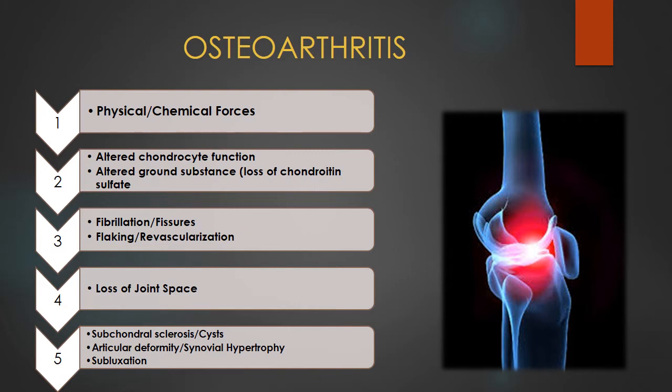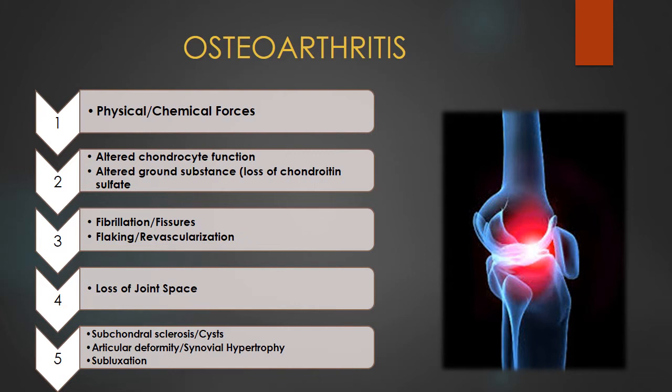Now remember that chondrocytes is the name that we give to the cells that are responsible for making the joint cartilage, the articular cartilage. Now, articular cartilage is largely hyaline cartilage. There are many different types of cartilage. We have fibrocartilage, we have elastic cartilage.